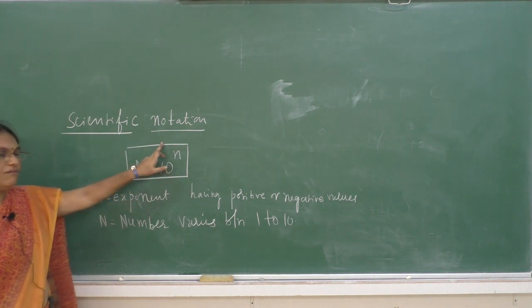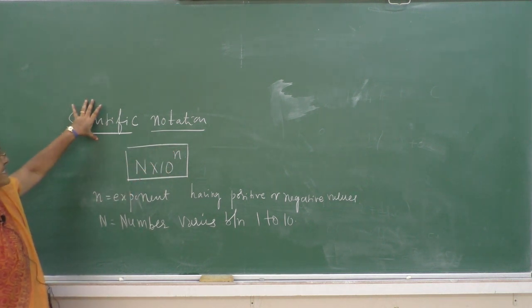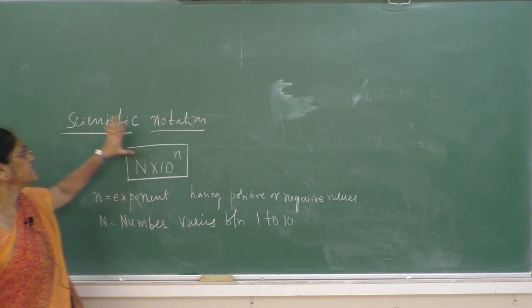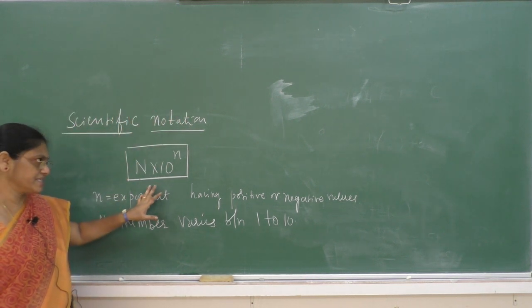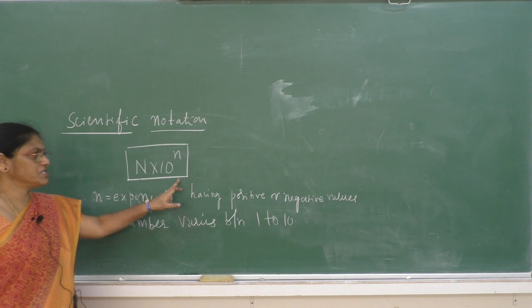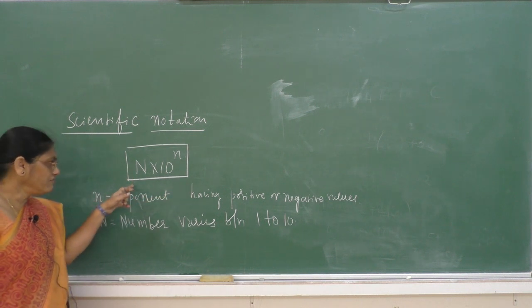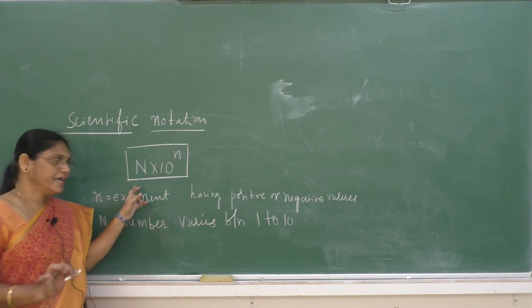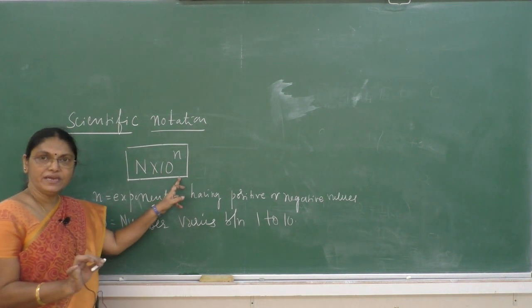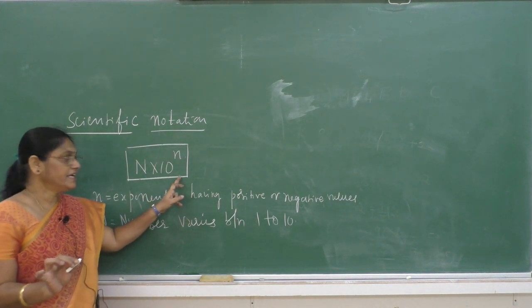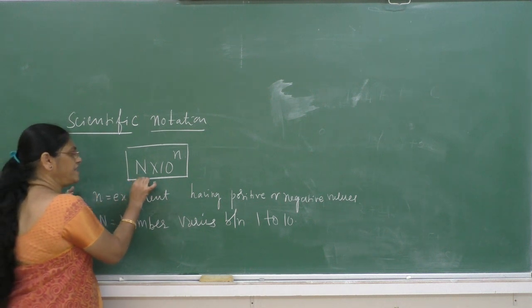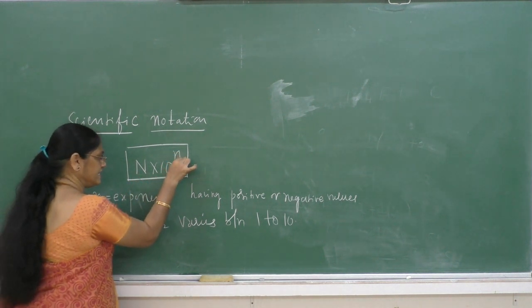Once again, scientific notation is the exponential notation in which any number can be represented in the form of N into 10 to the power n.